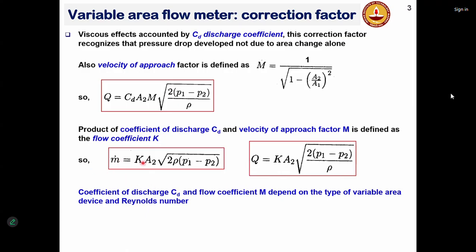Or the mass flow rate will simply be, so rho you have to multiply here, K into A2 into square root of 2 rho into P1 minus P2.